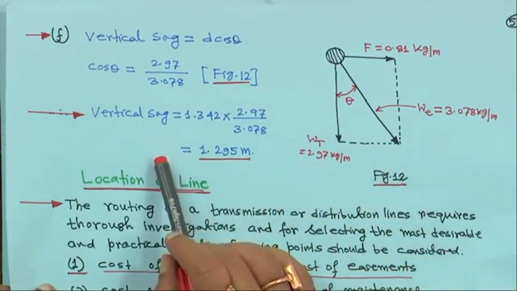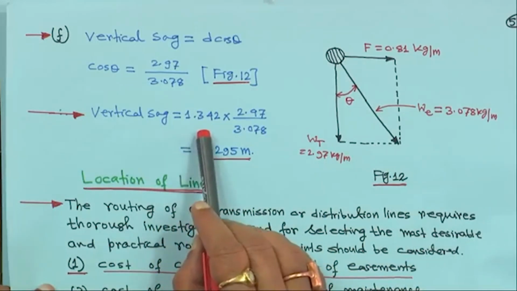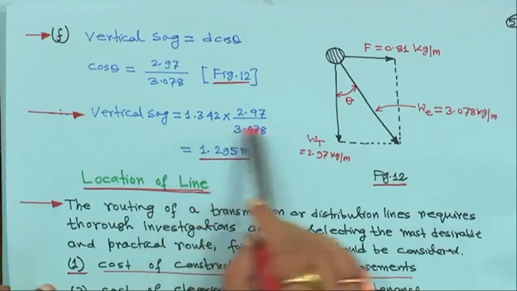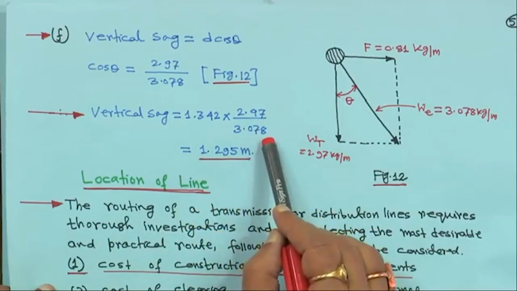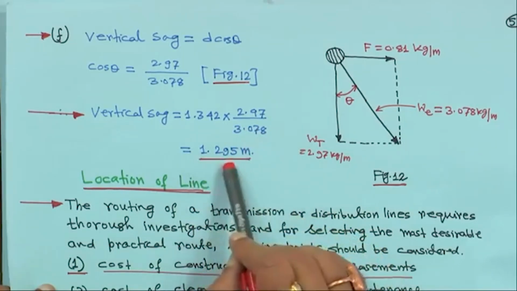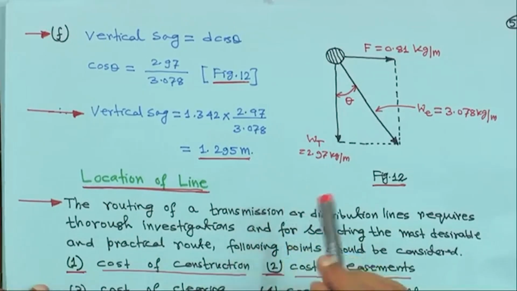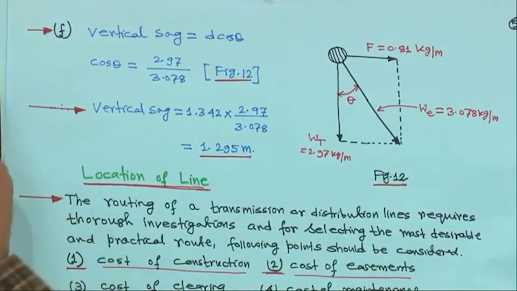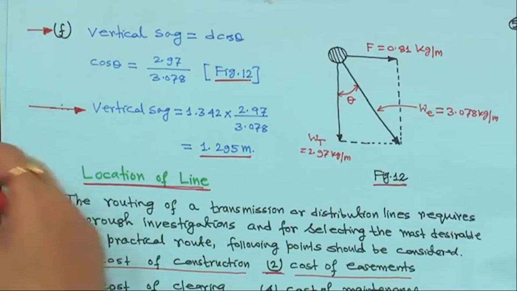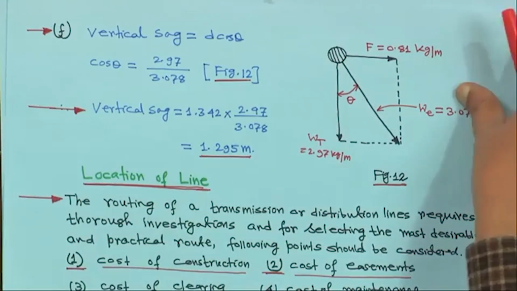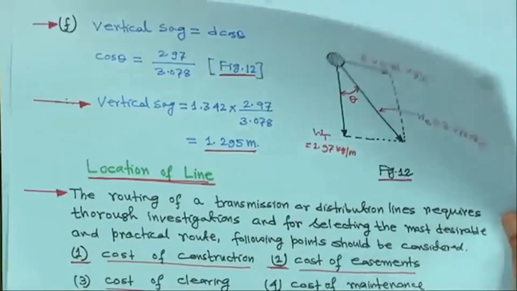Therefore vertical sag will be 1.342 into 2.97 upon 3.078. So it will be 1.295 meter. So this is one numerical showing part by part how you will proceed for solving numericals.